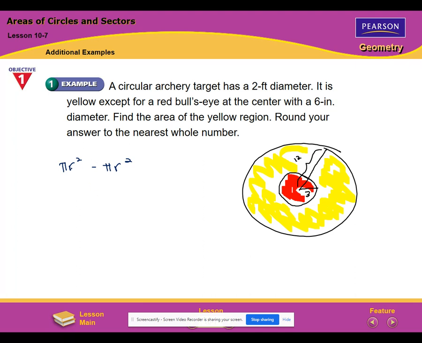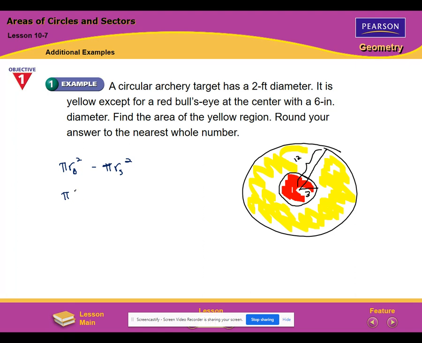I realize that writing it that way could be confusing, so I give it a little subscript notation, big and small. Pi r squared, where r is r sub b, the radius of the big circle, minus pi r squared, where this r is the radius of the small circle. Now you're distinguishing between the two radii.